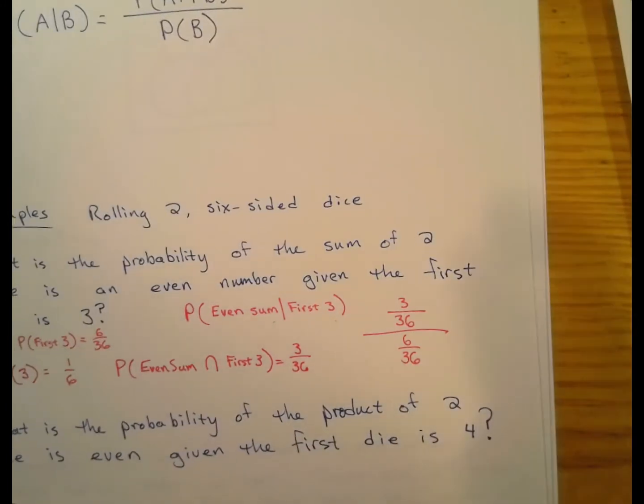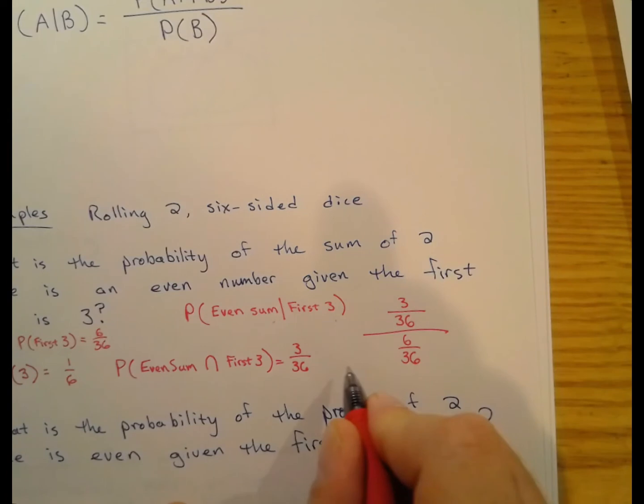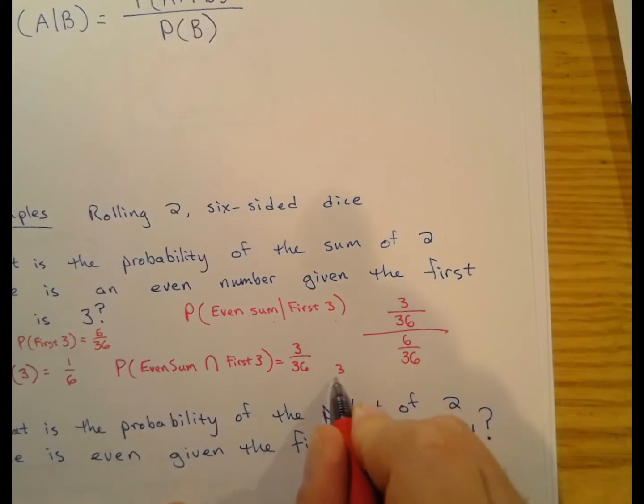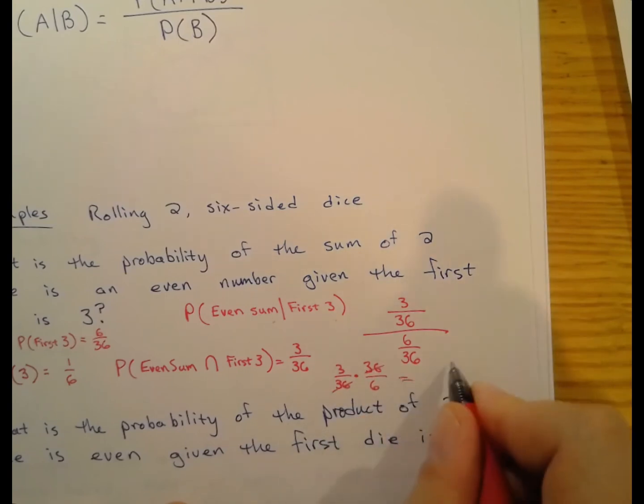So this is the unsimplified answer. We can get rid of these 36s in the denominator by doing keep change flip, where you keep the numerator, change division to multiplication, and flip the denominator. This is super convenient because the 36s cancel right out. And we have 3 over 6, which is of course 1/2.